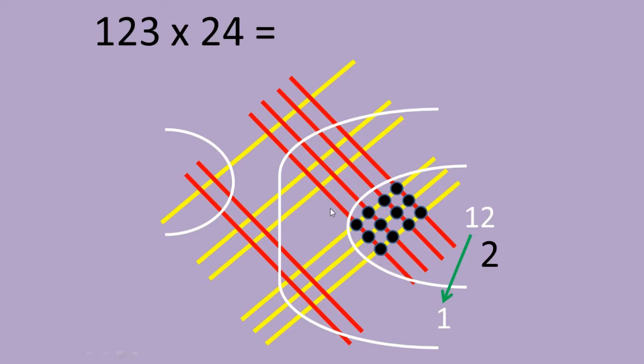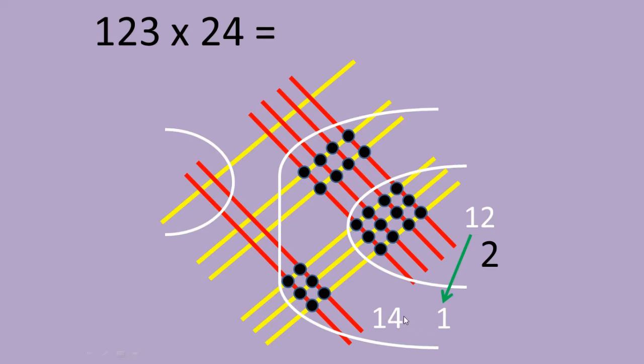Okay, now we're going to count. So we have 1, 2, 3, 4, 5, 6, 7, 8, 9, 10, 11, 12, 13, and 14. We have 14 intersecting lines.